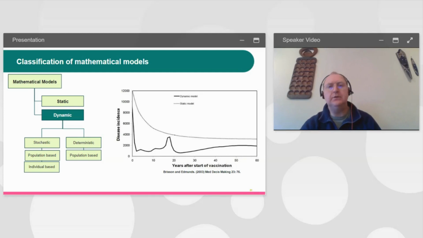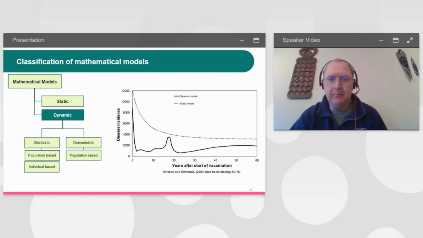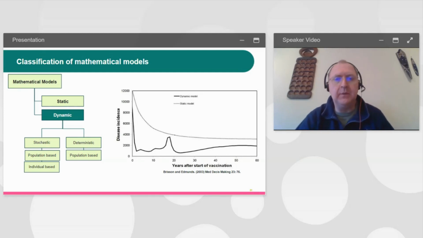So when it comes to infectious disease modeling, models really can be classified into one of two types. They are either static or dynamic models. The difference being that within a dynamic model, the rate at which susceptible individuals become infected depends on the number of infectious individuals in the population at any one time. So there is this feedback loop.